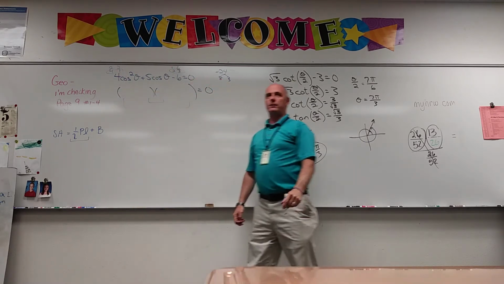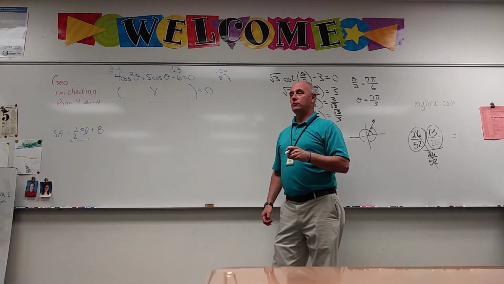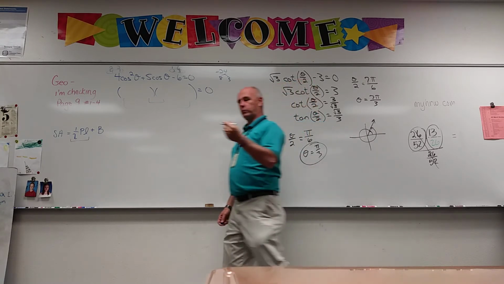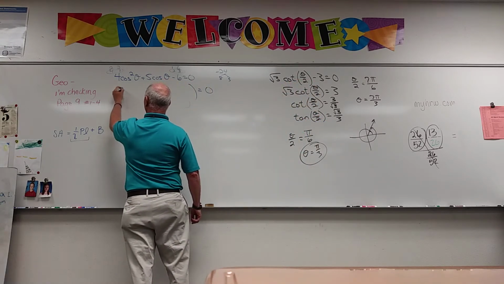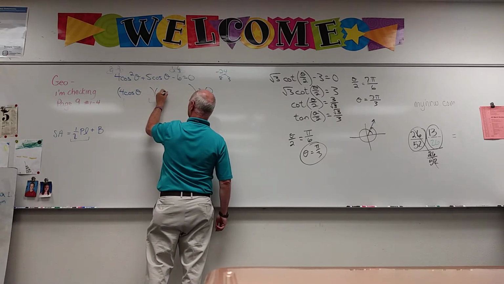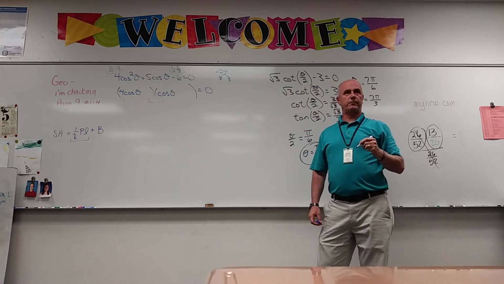So I'm guessing that the people that actually tried to factor this that had trouble were probably trying to make this 2 and 2 and weren't really thinking 4 and 1. So here we're going to have 4 cosine of theta and 1 cosine of theta. With me there?